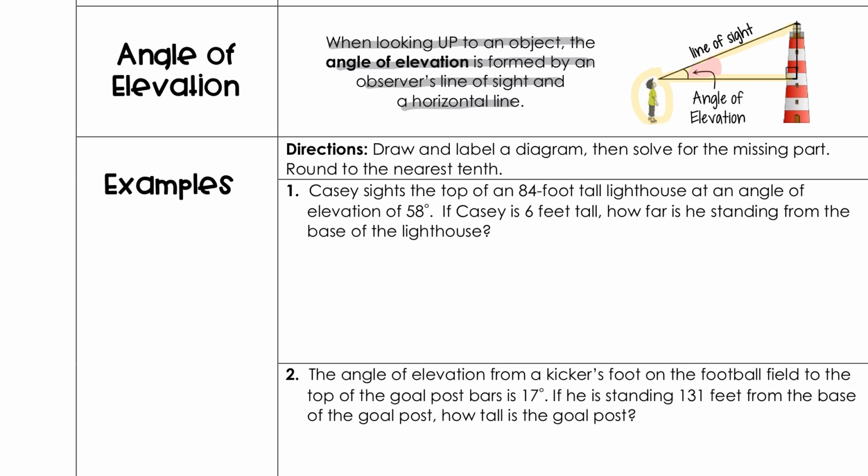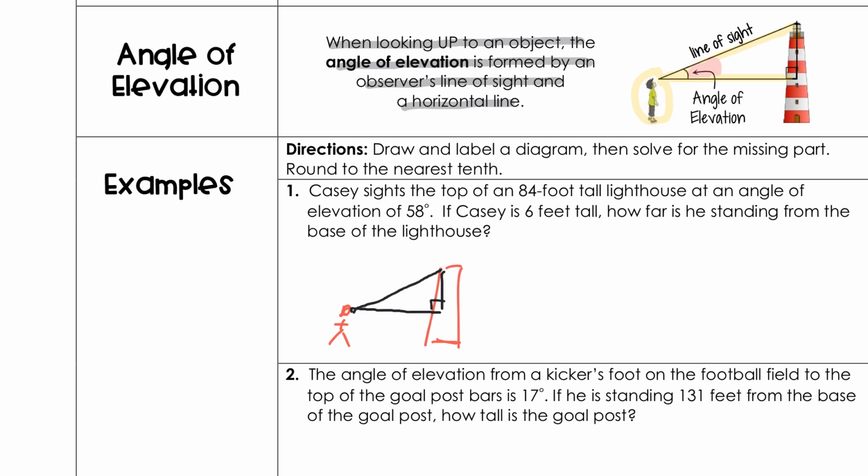So let's draw our lighthouse here. We can actually draw a little illustration. As you can see, Casey is over here standing. Got some curly hair, obviously. Now, what do we know about Casey? With his line of sight, he sights the top of the lighthouse, and of course we can draw and form a right angle.